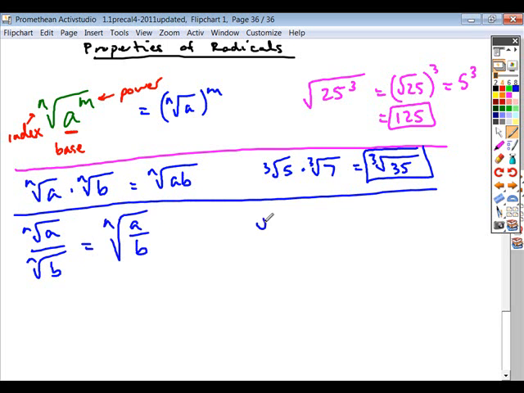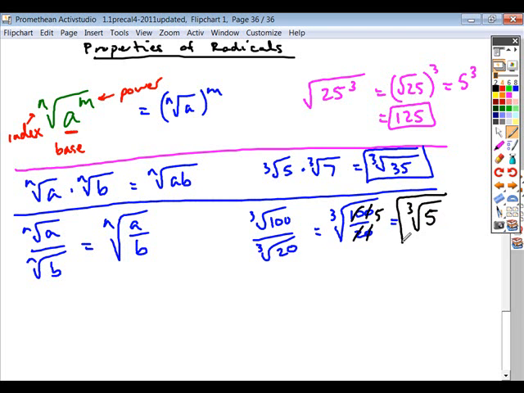So if you're looking at, let's say, the cube root of 100 divided by the cube root of 20, all you need to do for this is combine it into one single cube root, 100 over 20. Again, the index just has to be identical between them. Reduce what you have. The factors of 10 cancel. 2 goes into 10 5 times. And so you're winding up with the cube root of 5 as your solution.